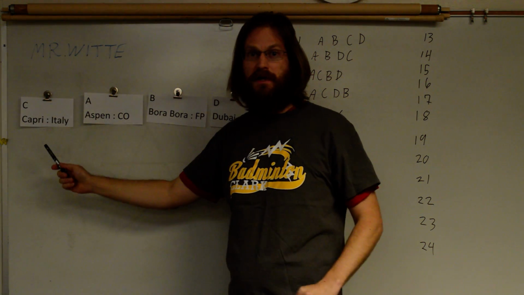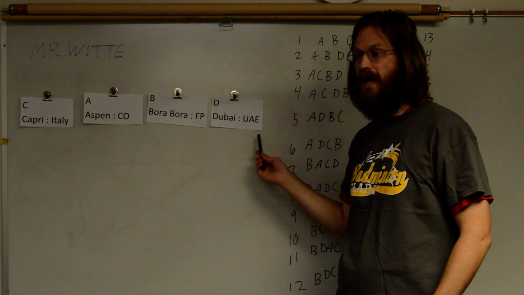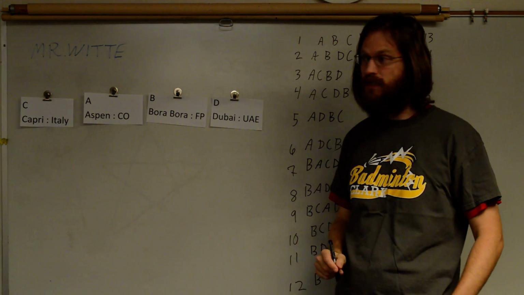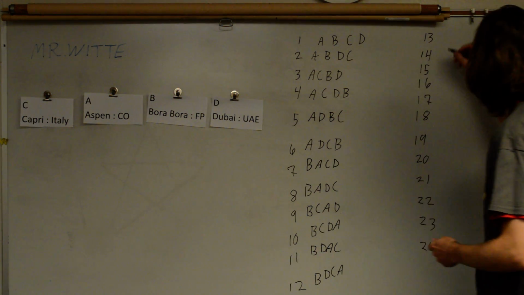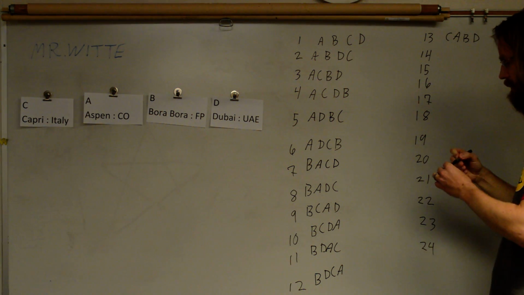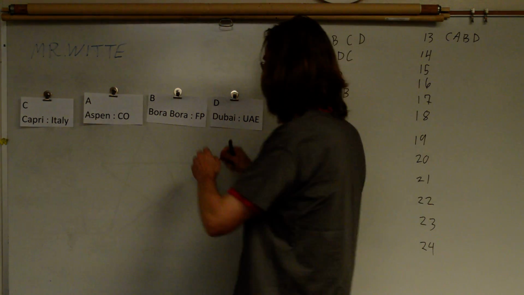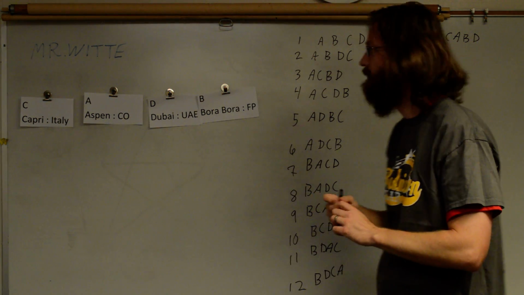So again, whenever I move something into a higher spot, I like to go back to alphabetical order as much as possible. So now we have C, A, B, D. Switch spots 3 and 4. C, A, D, B.